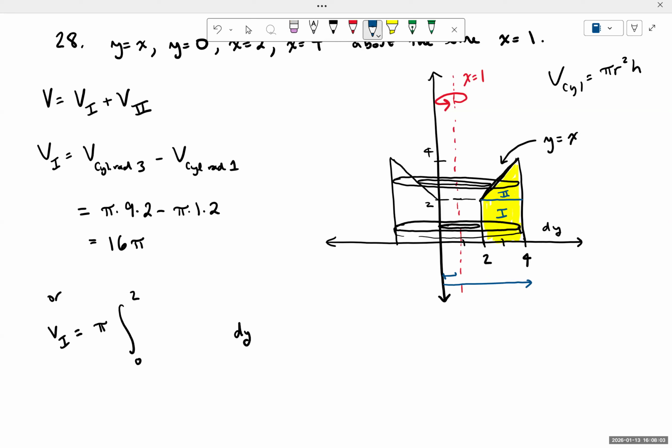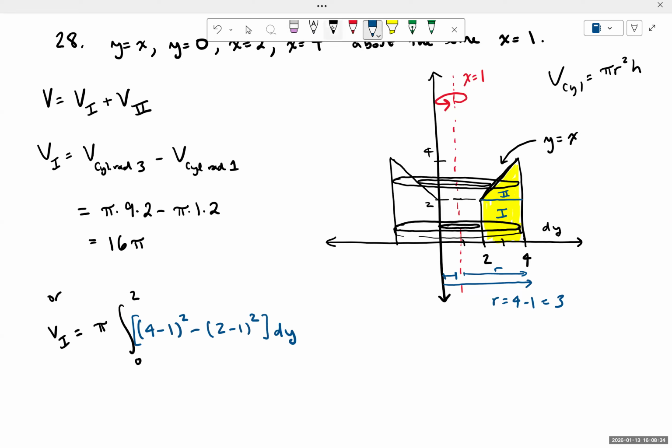So basically, what we want is this distance r. So r in this case would be 4 minus 1, which is 3. So there'd be 4 minus 1 squared minus, and then the other one is 2 minus 1 squared dy.